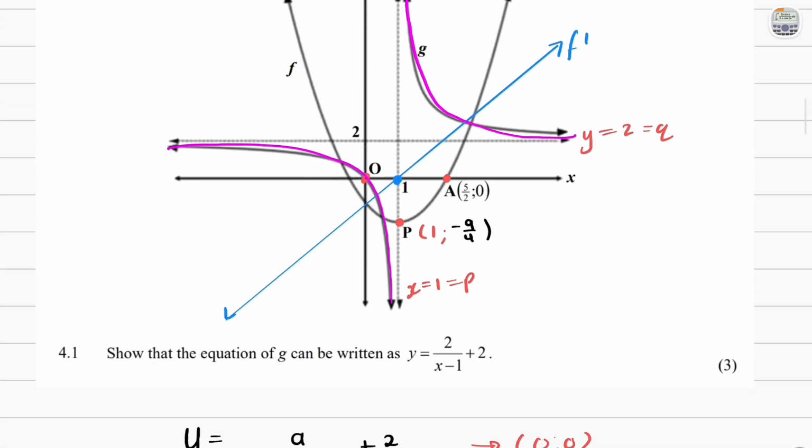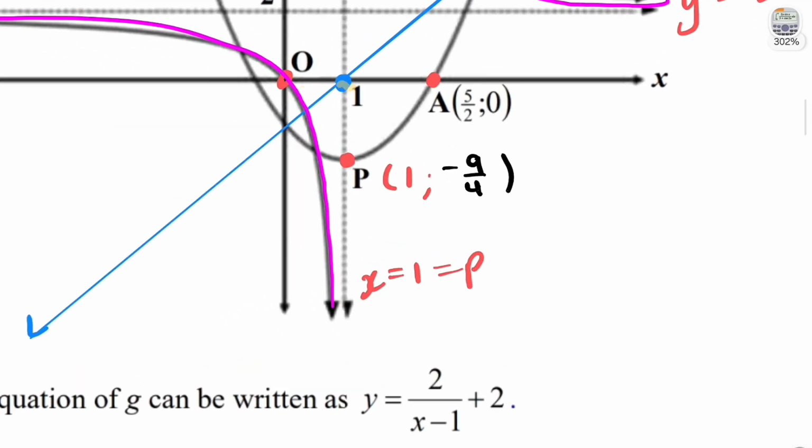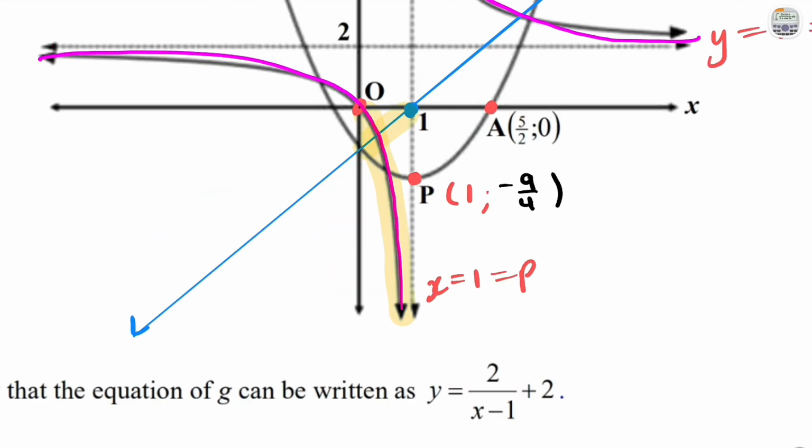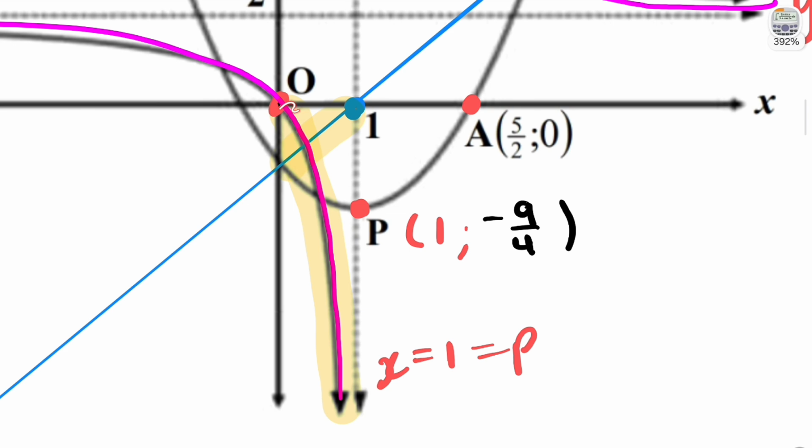So we highlight those parts of the graph. It's simply from here to there. You can't take this part, because yes, of course, f is below the x-axis, but unfortunately, for those same x values, the graph of g is above the x-axis. It has positive y values. So these are values from the origin and then less than 1. So greater than 0, but less than 1.